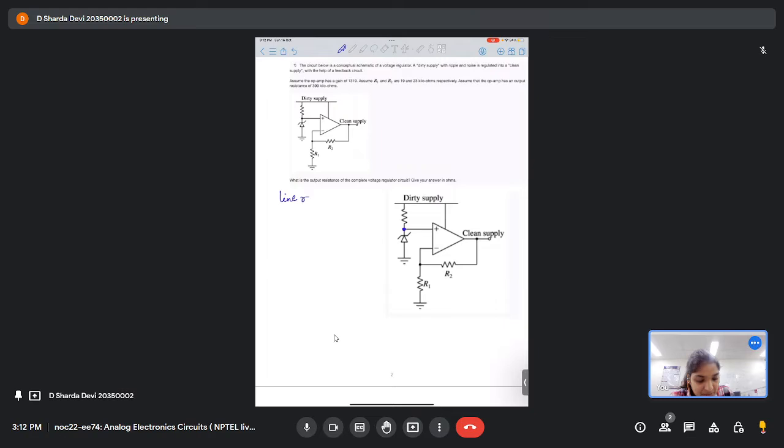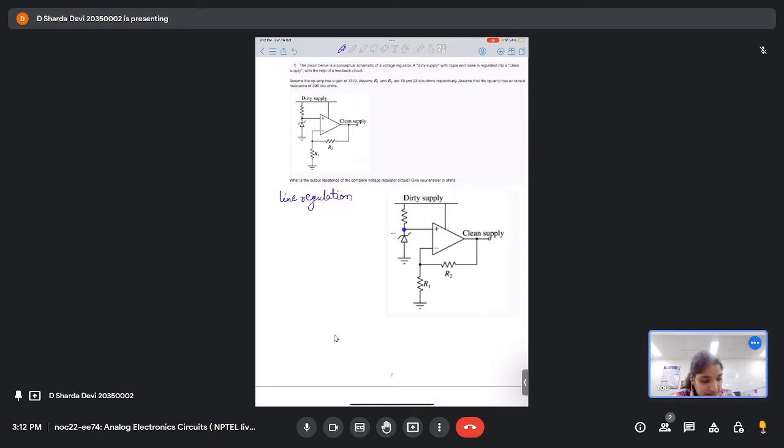So it helps in line regulation. That means any disturbance in the power supply will not be affecting the output through this op-amp.